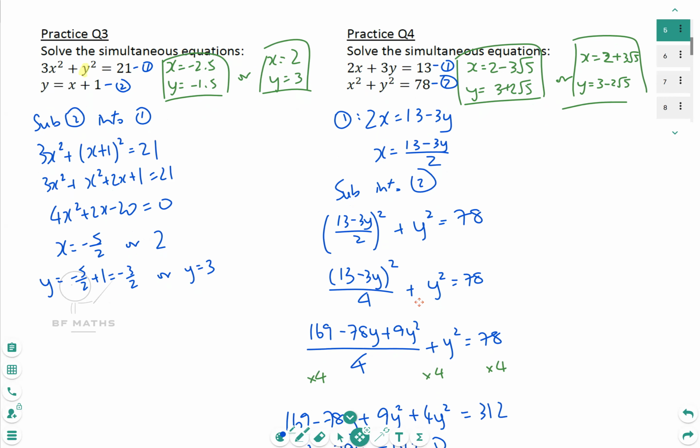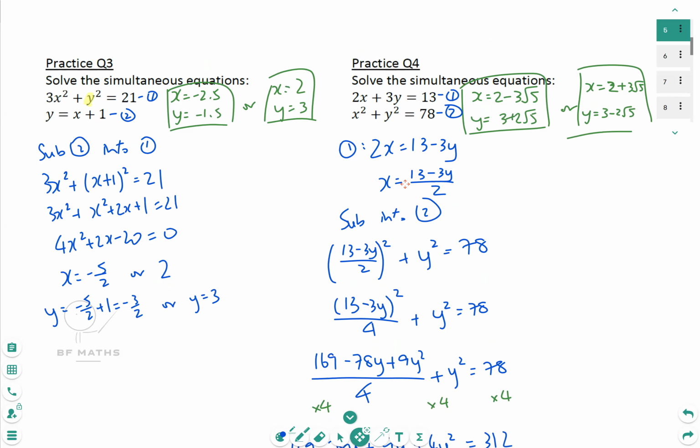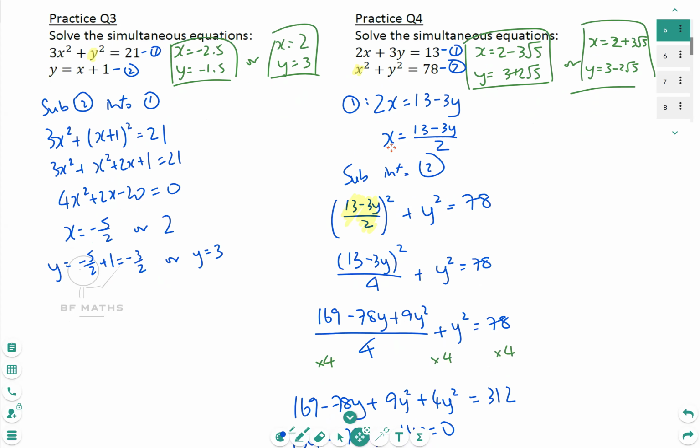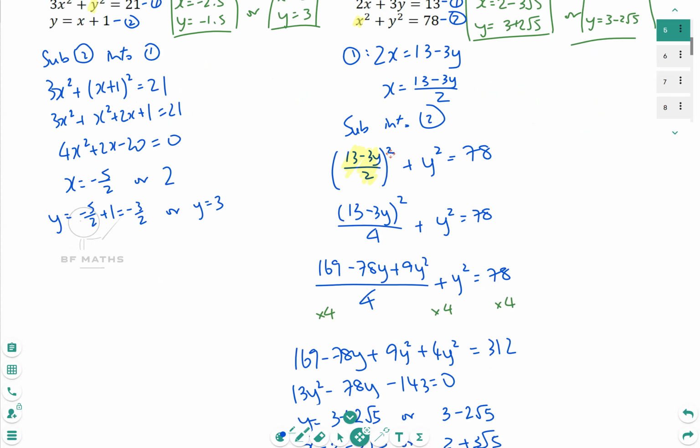Next, you substitute in there, and then x equals 13 minus 3y over 2. So I substitute into equation 2. So for x squared, when you square a bracket, you have to square the numerator and denominator. When you square the numerator, where there are 2 terms, you have to put a bracket. Squaring the denominator, 2 squared is 4.